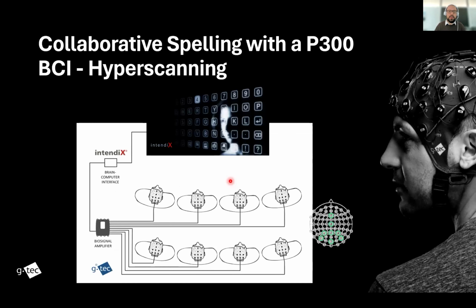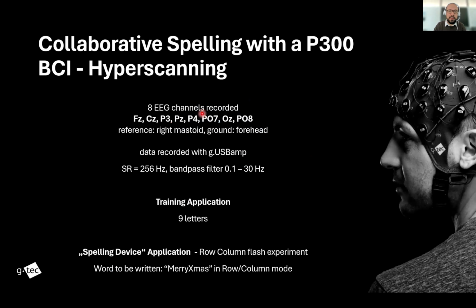And you can see that they all had the typical 8-channel montage looking at the screen with Intendix, showing the characters which they would have to select together. So we were using the typical montage for P300s, so most of the electrodes placed on the visual cortex.